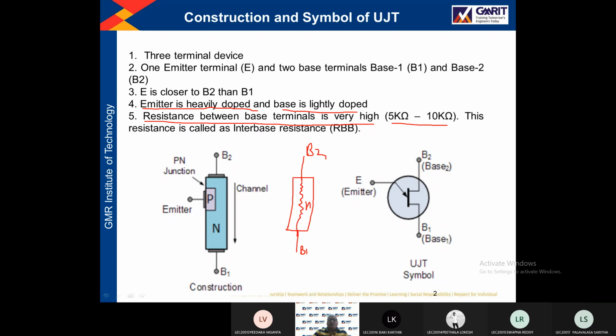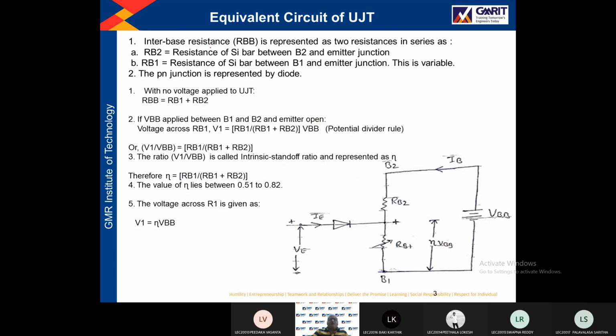It offers some resistance, so the resistance between base terminals is in the range of 5K to 10K. It is lightly doped, due to that this resistance is high. This resistance is called interbase resistance, RBB. So interbase resistance, RBB, is represented as 2 resistances in series, like this.